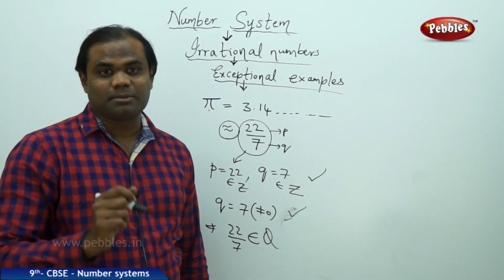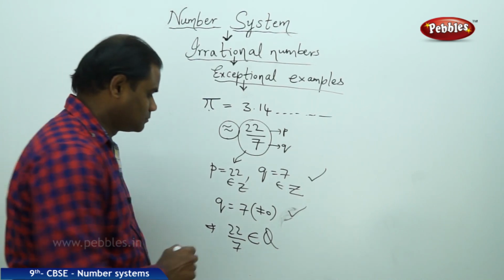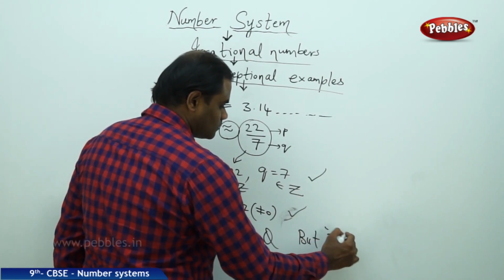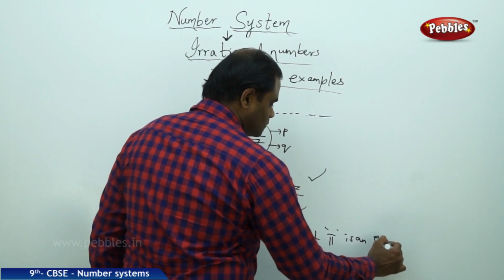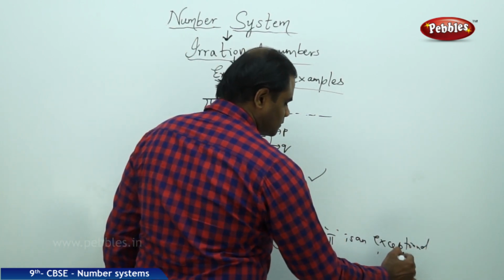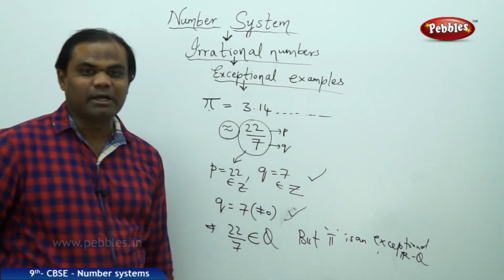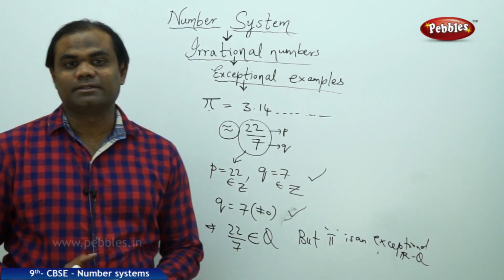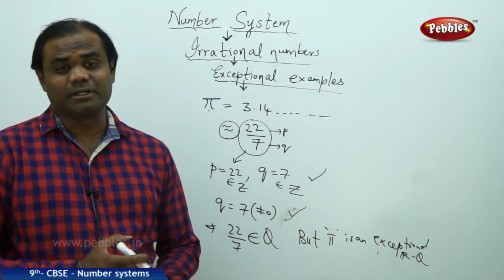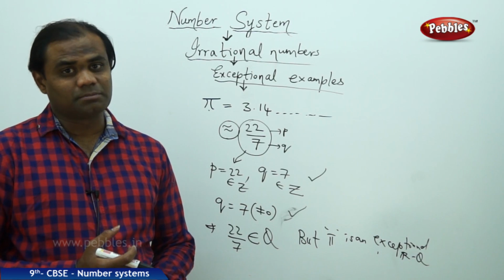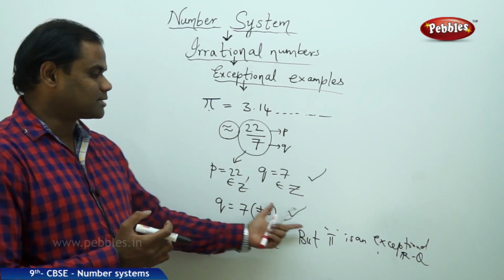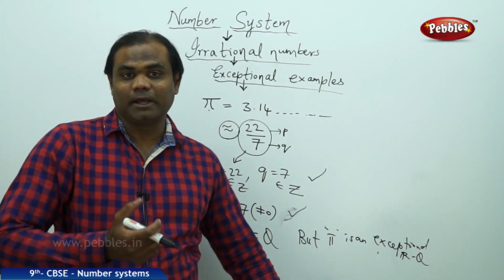It is an exceptional irrational number. R minus Q is how we identify the specific numbers in mathematics which are not accepted as ordinary irrational numbers. So pi is an exceptional irrational number.